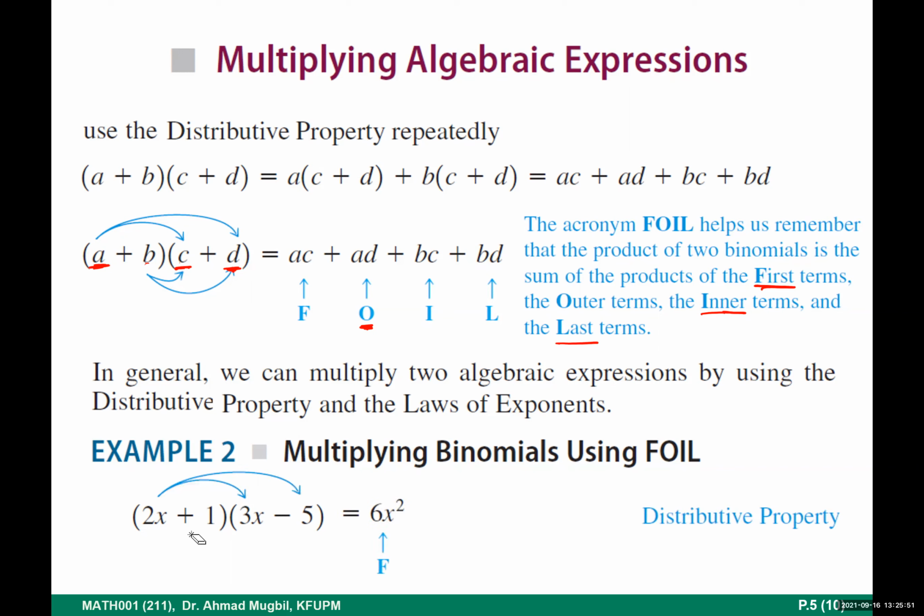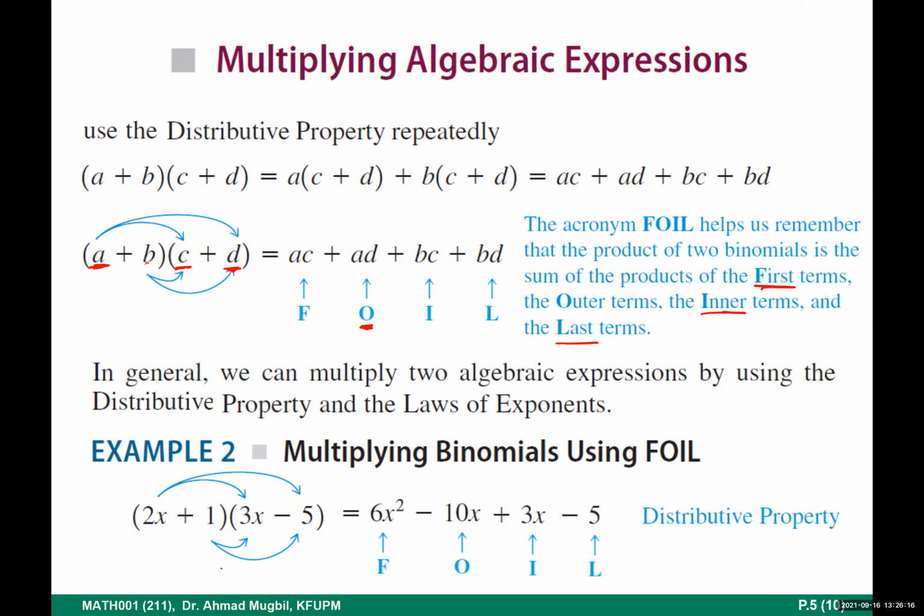The first term by the first term. Then you will multiply 2x by -5. Don't forget to multiply also positive times negative. It will be what? 2x times -5, negative 10x. Then you will multiply 1 by these two terms. And you know, multiplying 1 by any quantity will give you the same. So just rewrite it there.